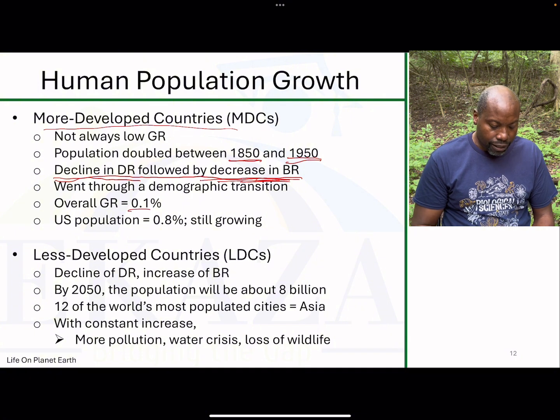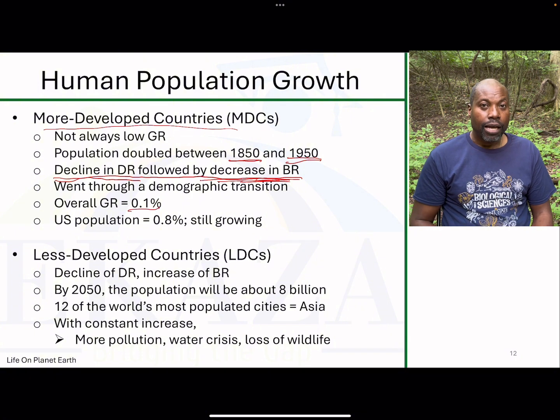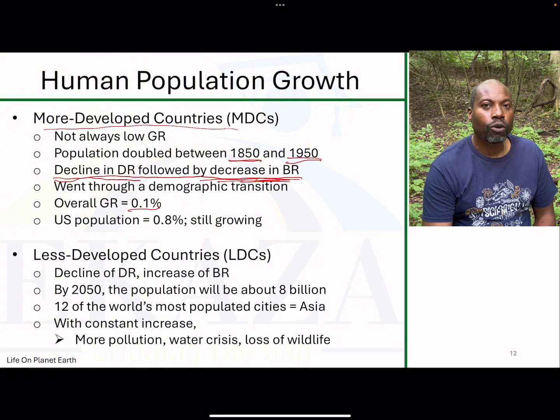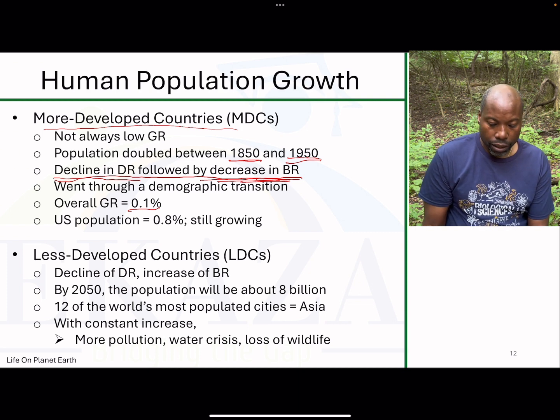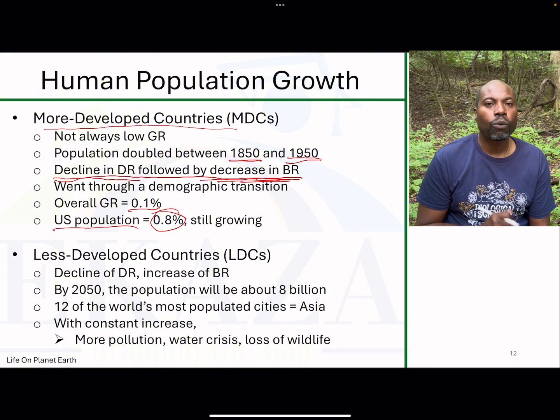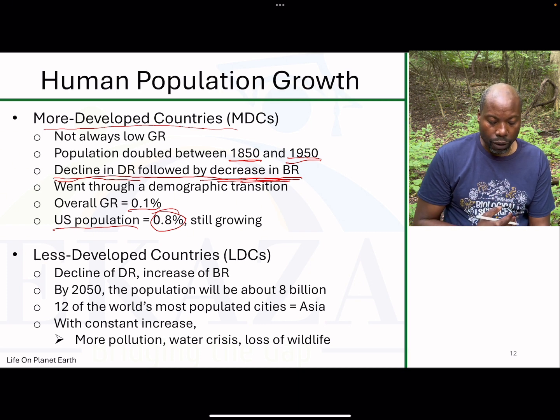It's about 0.1%. While that growth rate is low, the growth rate in the US population is 0.8, almost 1%, which means that the US population is still growing in spite of the control.